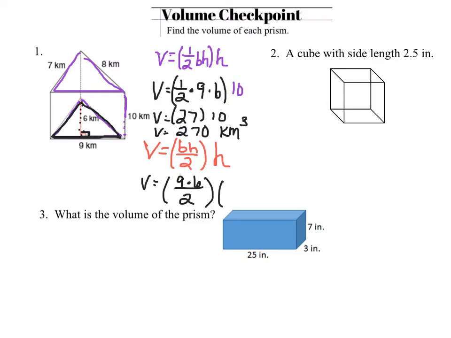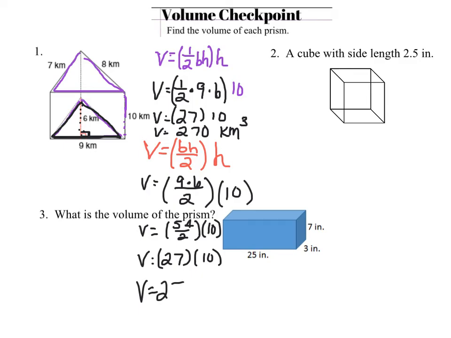And we're going to multiply it by the whole height of the 3D figure, which is 10. 9 times 6 is 54. 54 divided by 2, still multiplied by 10. 54 divided by 2 is 27. So 27 times 10 is 270. So both formulas gave us the same answer of 270. You use whatever formula you see and understand best.